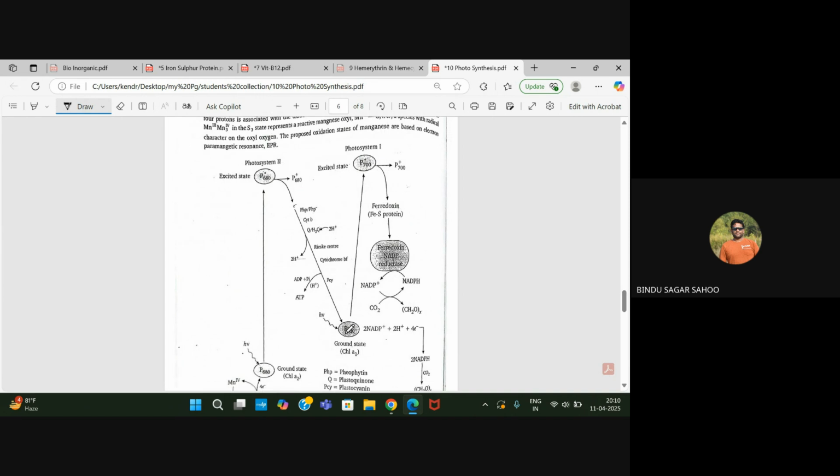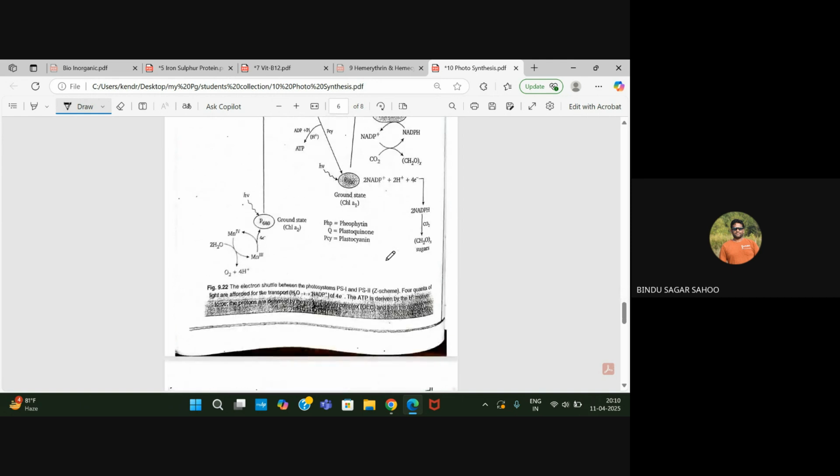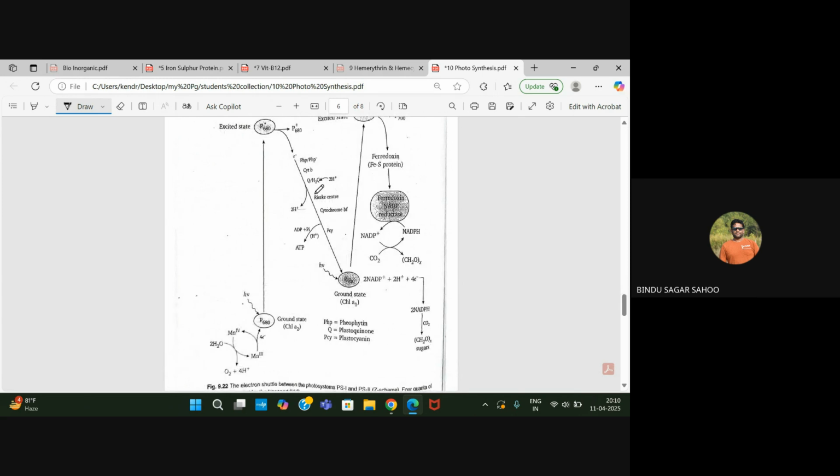P700 means these pigments particularly absorb the energy from sunlight at 700 nanometer. On this step you can see the iron sulfur proteins are present. The function of the iron sulfur protein is to carry the electrons.